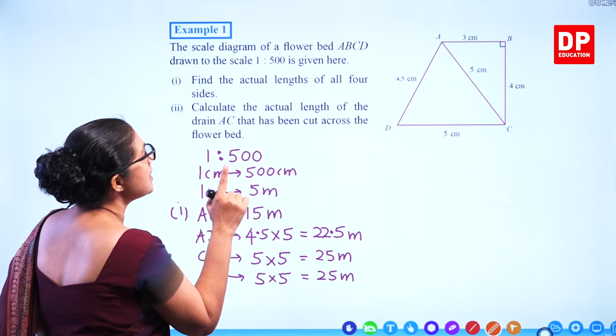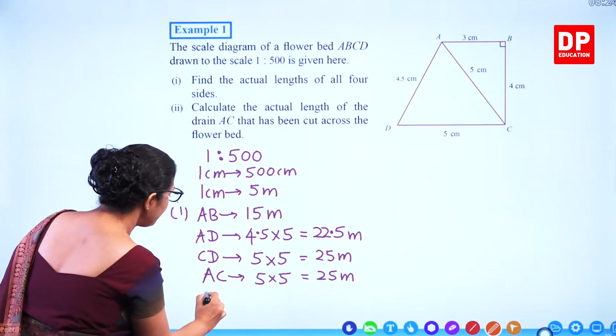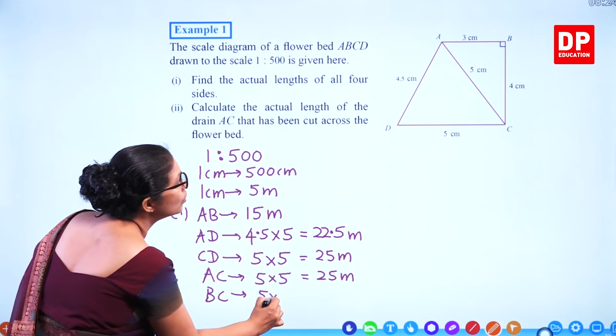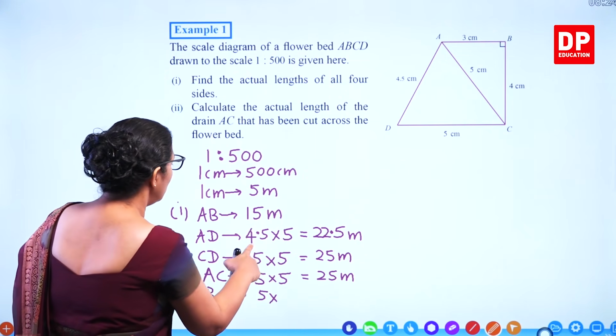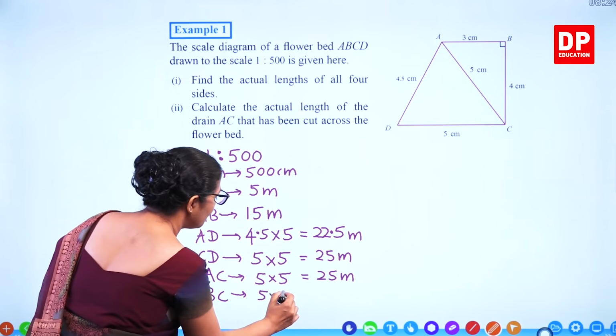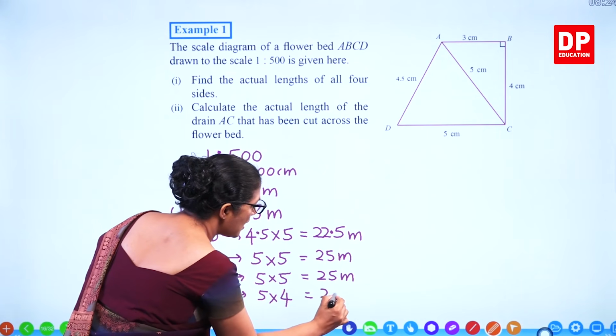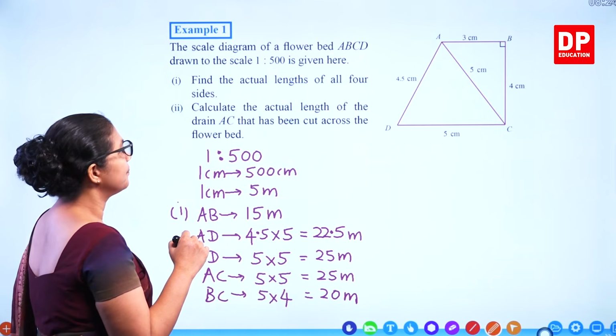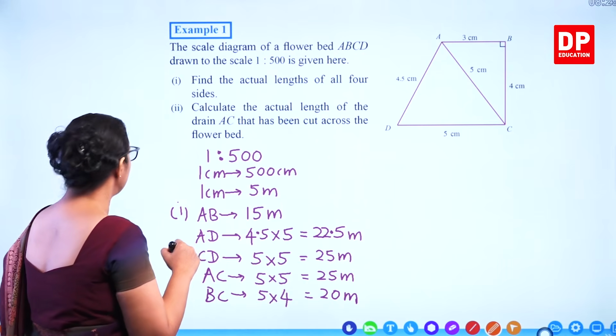And we need BC. BC is 5 times 4, 20 meters. Those are the actual lengths.